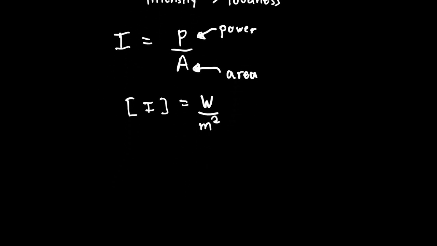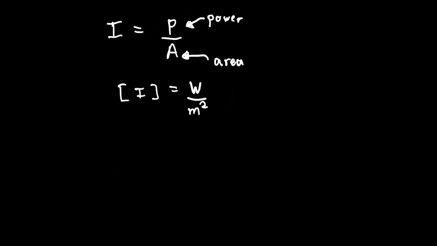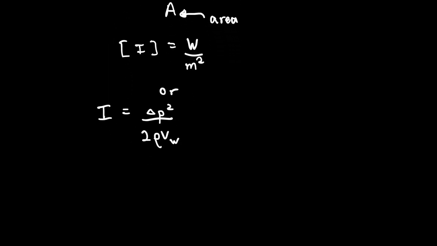We also have other equations similar to pressure that we can use to calculate intensity. So another intensity equation for intensity of sound is change in little p squared over 2 times rho times v sub w, where delta p, the lowercase p, is a pressure amplitude. So that's how much pressure your sound wave can apply.